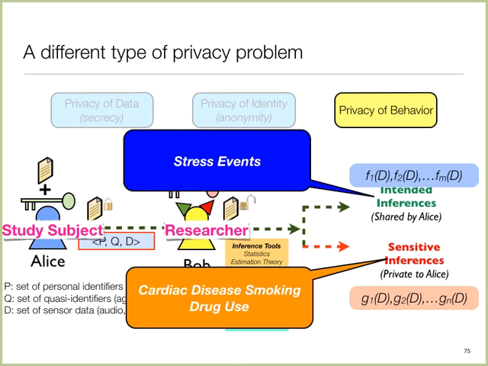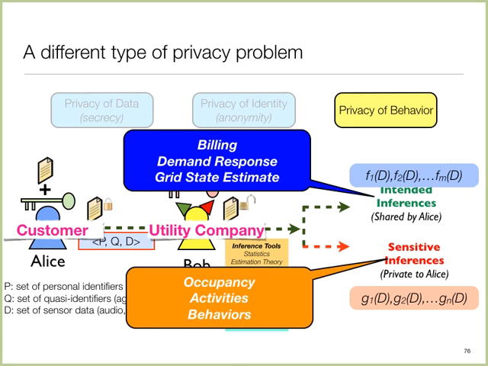Or take a utility company with a smart meter. They should be able to bill us. Maybe they should be able to do things like a power management unit, which follows demand response, where they give you lower rates in return for saying that when the electricity usage level is high, you can lower your usage, not use the washing machine or things like that.